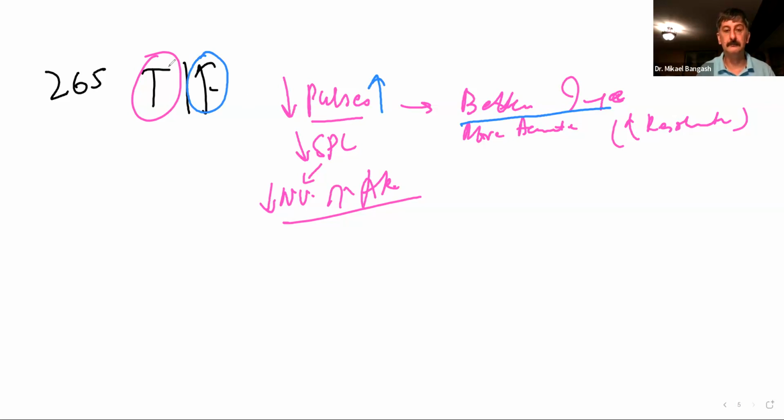Or if you said shorter pulse leading to worse image or degraded image, or degraded resolution, that would also have been false. Clear?